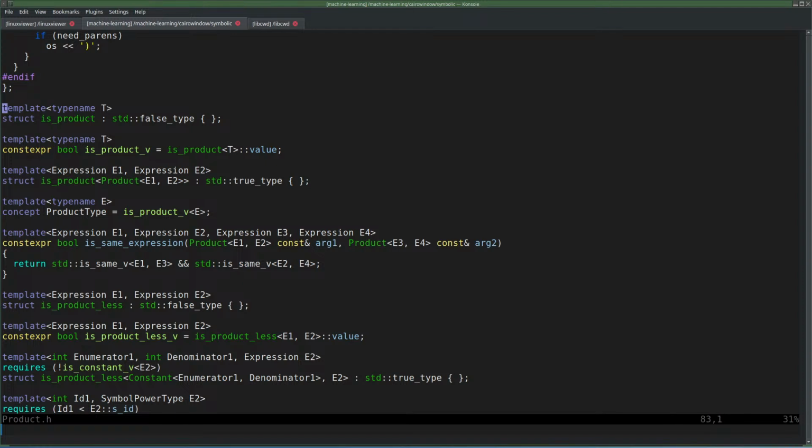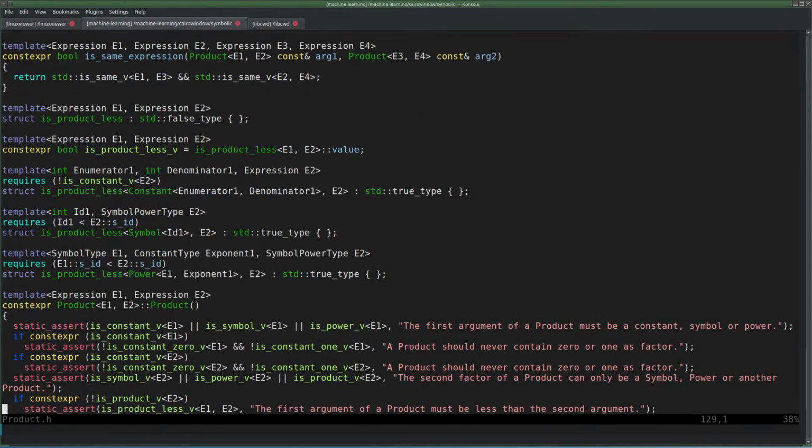Probably should have an is product header with is product less in it. Although, yeah, it's only needed here. I don't know, man.